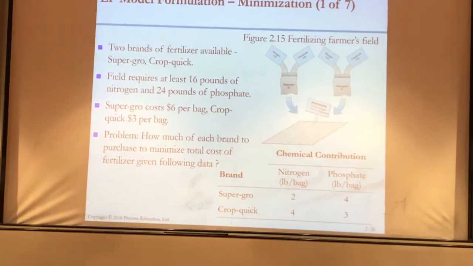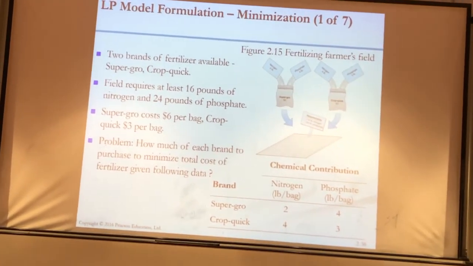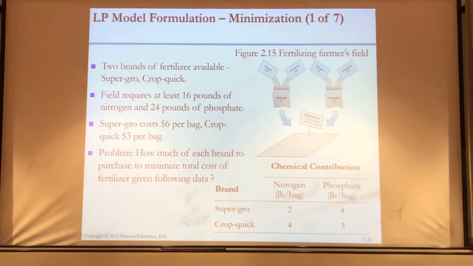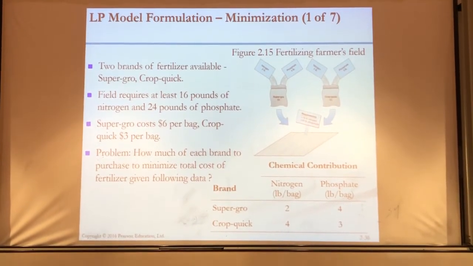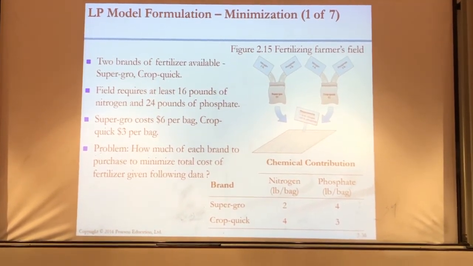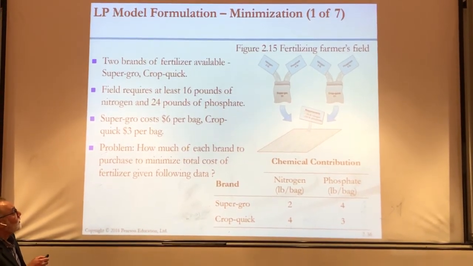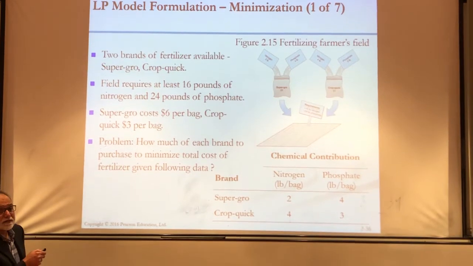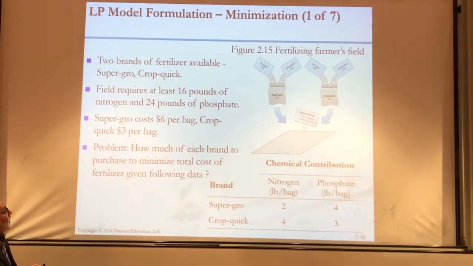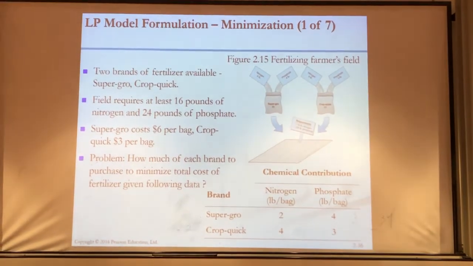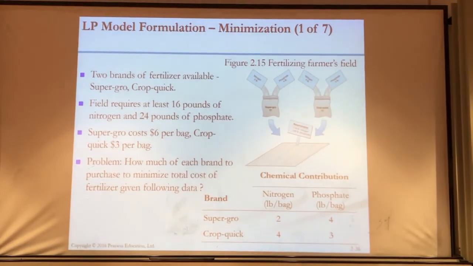So this is the data here. We have each brand, how much nitrogen and how much phosphate is in each bag, and also the total requirement is given, and this is the cost of the bags. Okay, so it's very easy.